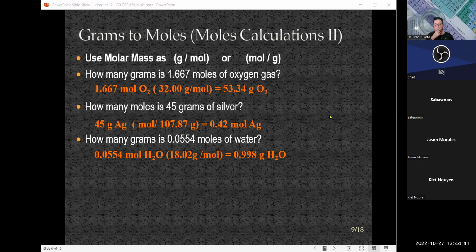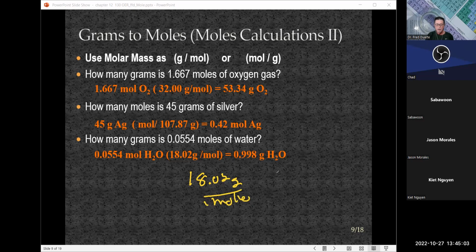And then we can multiply that by Avogadro's number, and it'll tell you how many molecules we actually have of water. But think about this for a second. Let's take the molar mass of water, which is 18.02 grams per mole.